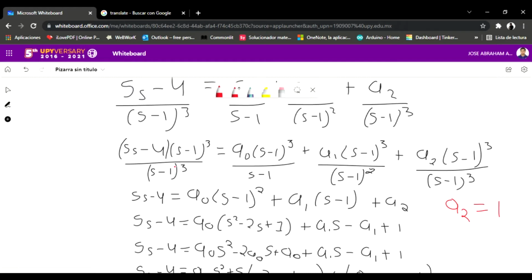We can eliminate this s minus 1 with one of the three s minus 1 that we have here. We can eliminate this (s minus 1) squared with two of the three s minus 1 that we have here. And finally, we can eliminate this (s minus 1) cubed with this (s minus 1) cubed.